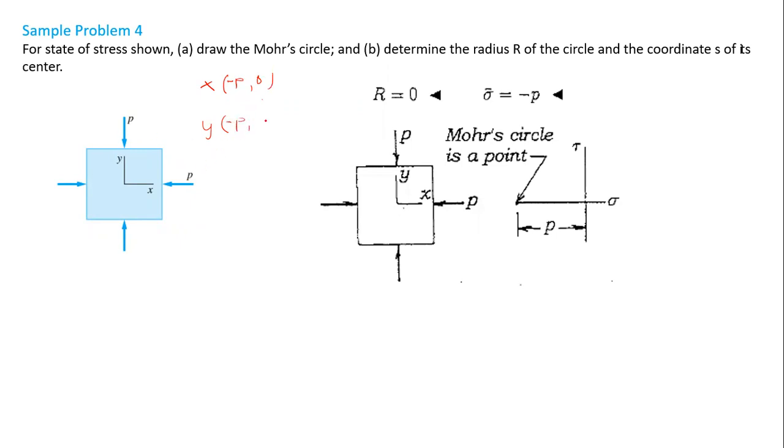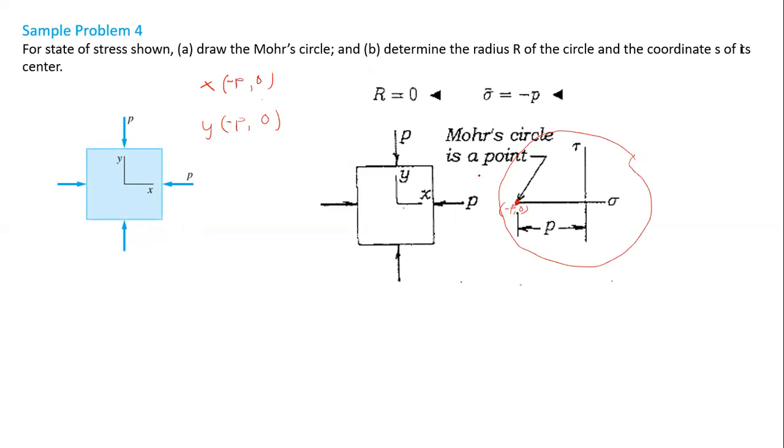Ito ang tau is 0. So kung ato ni siyang i-plot ang x ug y, muna ato ang tau and sigma axis. So mo ni siya 0 negative p 0. Mo ni siya ang negative p 0.